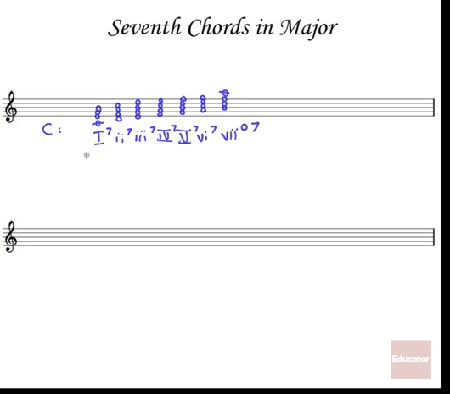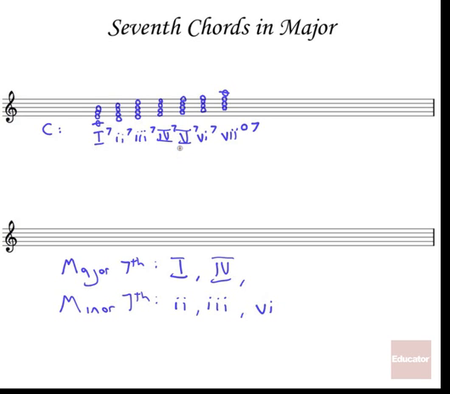So in major keys, we find that we have major 7th chords on the 1st degree, the 4th degree, and that's it. So just like the ones with major chords when we looked at the triads. And then we have minor 7th chords on 2, 3, and 6.